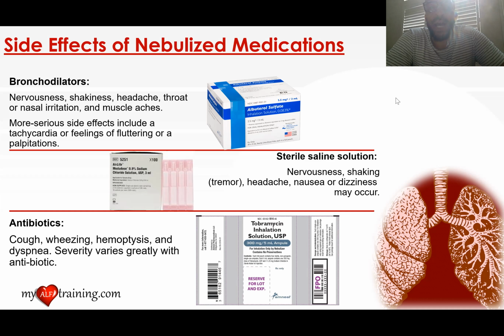Now, more serious side effects that should clue us in to maybe even stopping the treatment or letting the doctor know to maybe modify the dose of medication, or maybe there's some medication we're going to give to counteract the more serious side effect, would be tachycardia. So if you go in and your patient needs a nebulizer, albuterol, the doctor has ordered albuterol to be nebulized to be given at noon, and you go in at 11:30 and assess your patient and prepare the treatment.